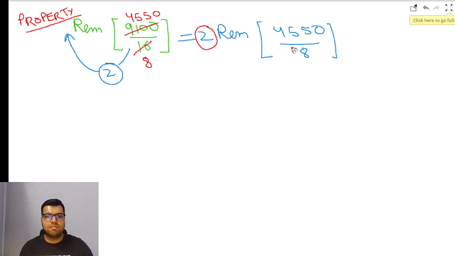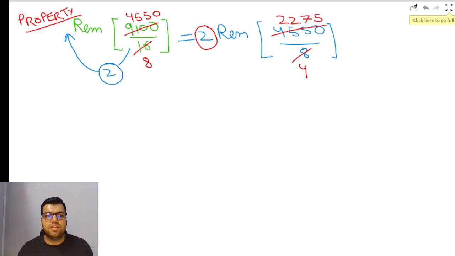So let us apply this further. Now I want to divide it further. This 8 you divide by 2, it becomes 4, and this becomes 2275, that is 4400 plus 150 divided by 2, so 2275 by 4.